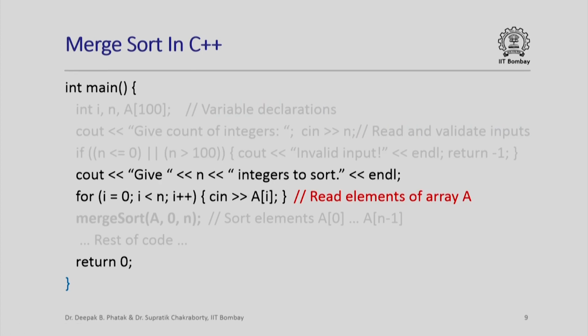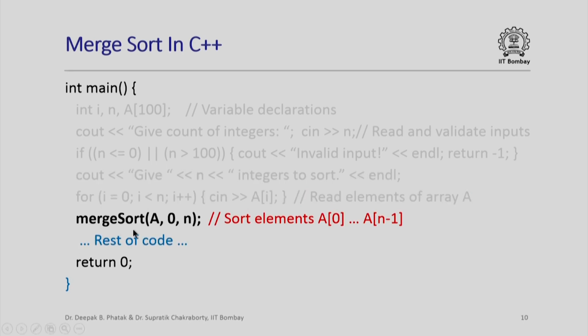Now after I have read and validated the inputs, I am basically going to ask the user to give all the integers to sort, and I am going to read them in a simple for loop, and I am going to read them in the array A. So note that the elements are now going to be stored in A[0] through A[n-1]. After I have read the elements, I am going to call merge sort, pass the array A to it, and say that the starting index for the elements to be sorted is 0 and there are a total of n elements.